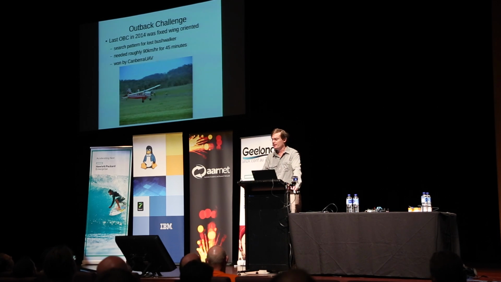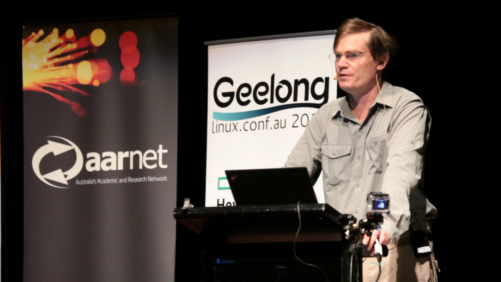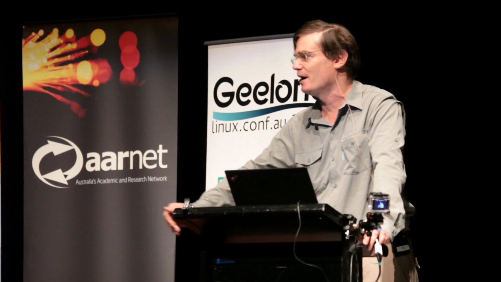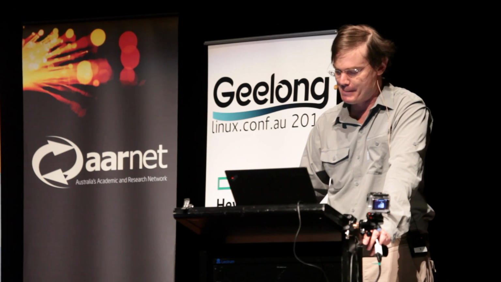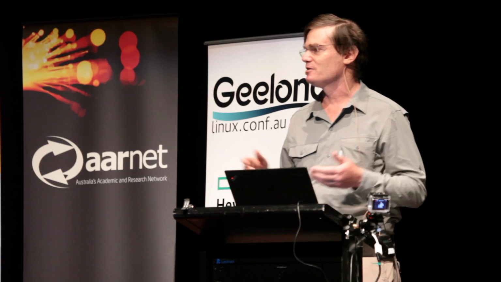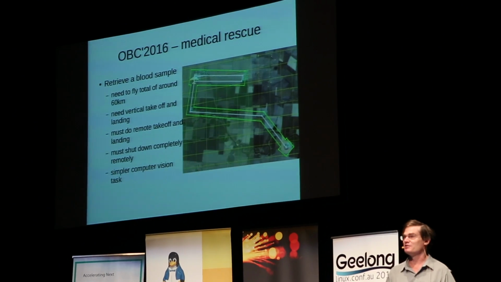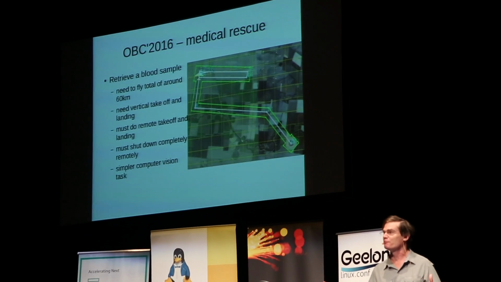So once that was completed, the organisers said that if anyone completed the challenge, they'd try to make it harder. And the challenge for this year is that next challenge, where they're trying to make it harder, because flying 70 kilometres unattended and recognising and dropping things is all too easy these days. That's now an out-of-the-box experience where you can just download an autopilot that does that for you.